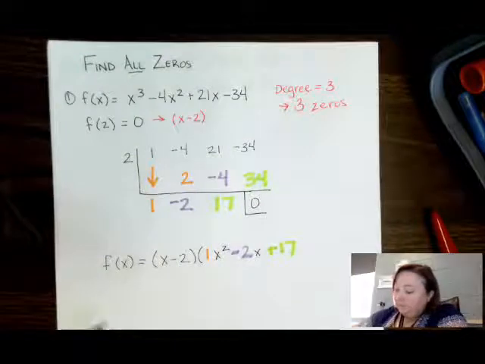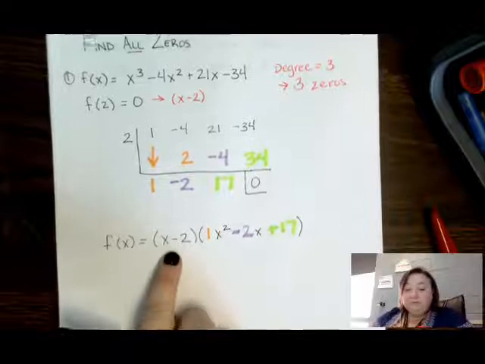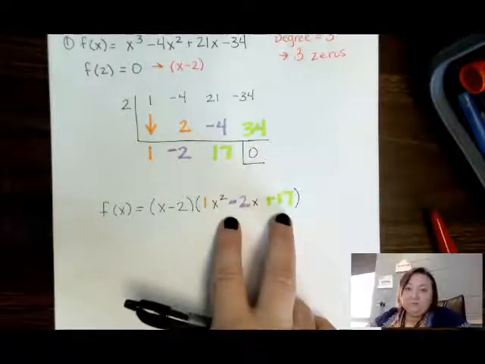Okay? So we've got the one zero from this factor. So our other 2 zeros are going to come from this factor.